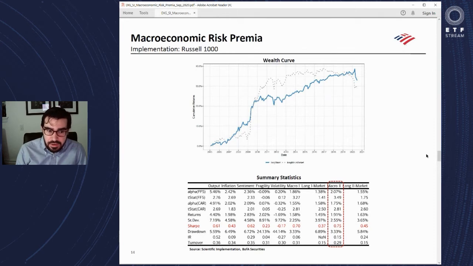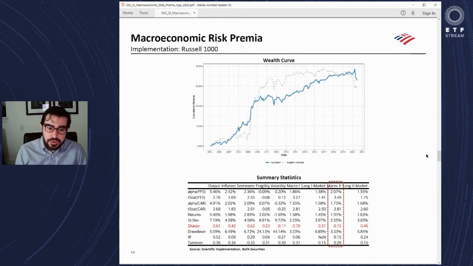What we can see here is that pro-cyclical measures are associated with a positive risk premium, whereas counter-cyclical measure, our volatility measure, is associated with a negative premium.